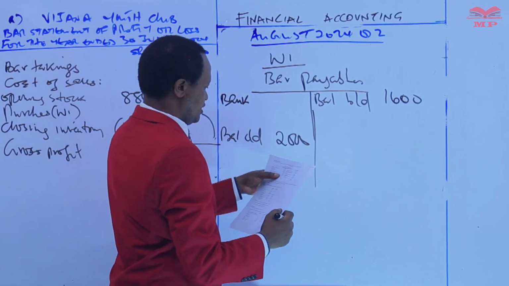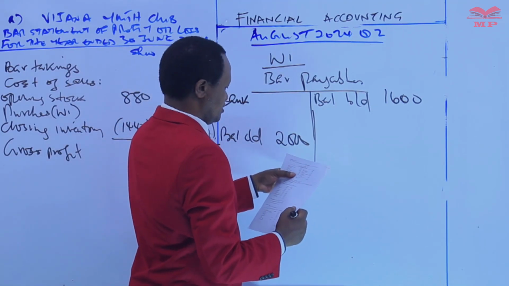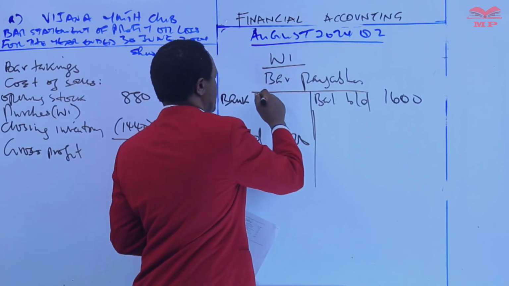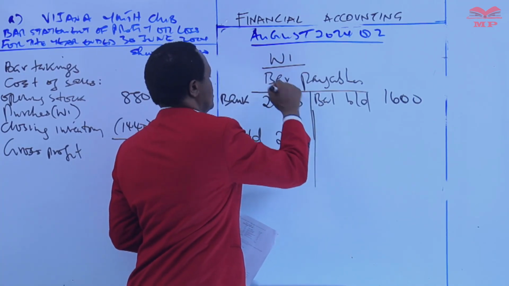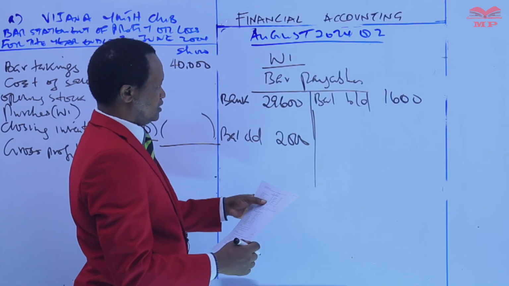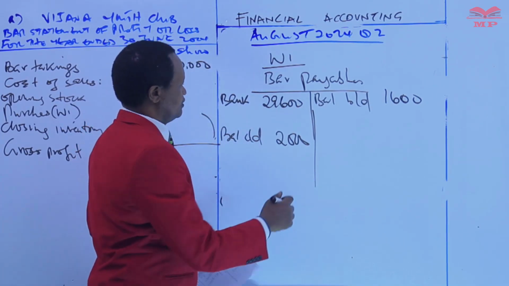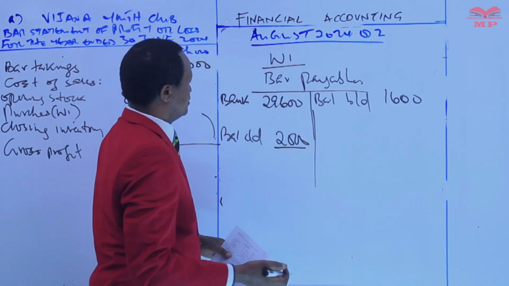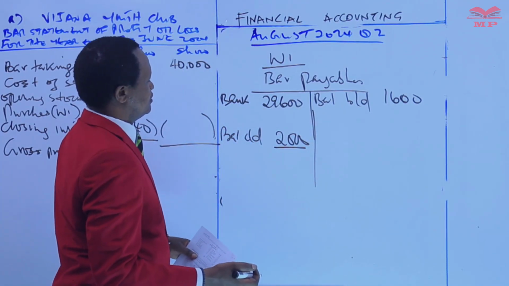The bank here. How much was paid through the bank? 29,600. So I don't think there is any other information. Balancing. Do you have any other information?